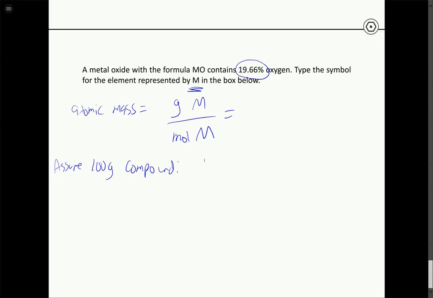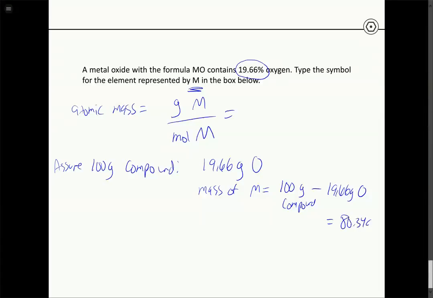And so what we're going to have is 19.66 grams of oxygen, because that's the mass percent of oxygen, and then for the mass of M, it's going to be 100 grams of compound minus 19.66 grams for oxygen, which is going to be 80.34 grams.